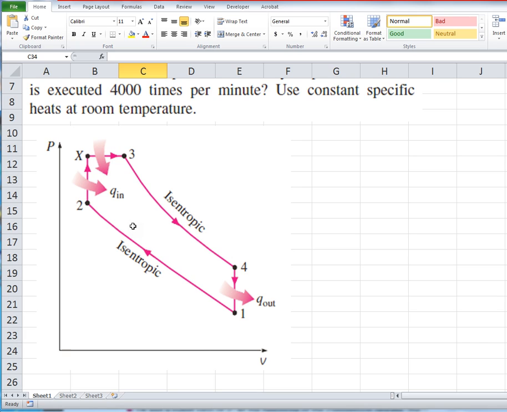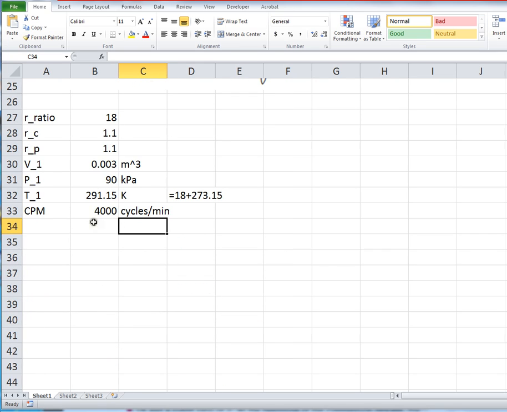So what do we need to do? He says to use constant specific heats, and so we'll do that. Maybe we'll revisit this with variable specific heats, but for now we'll use constant specific heats.